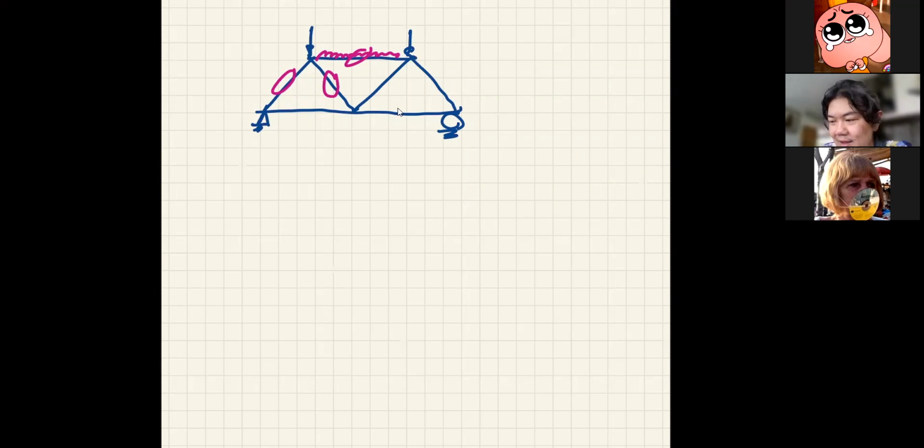But we can neglect this because it's so small. But you cannot always neglect the weight of the member of the truss, can we? Have you seen the mega truss at Muang Thong Thani, right? Have you seen it? The mega truss?